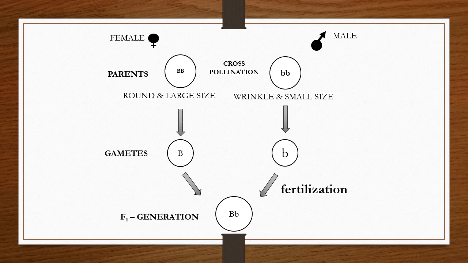So now this heterozygous condition, capital B and small b, produces round seeds of intermediate size. Seeds are round, starch synthesis is more, but the size of the seed is intermediate. That means it is not large like homozygous capital B, or small like homozygous small b.